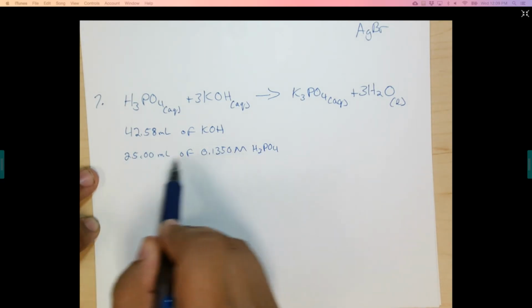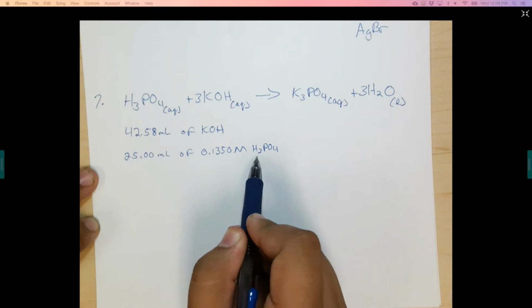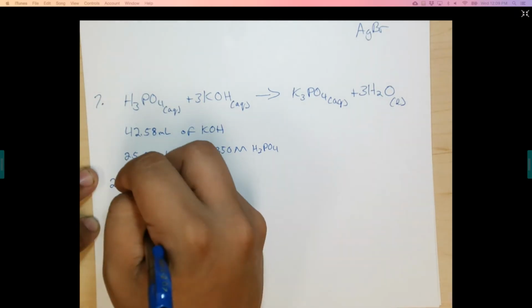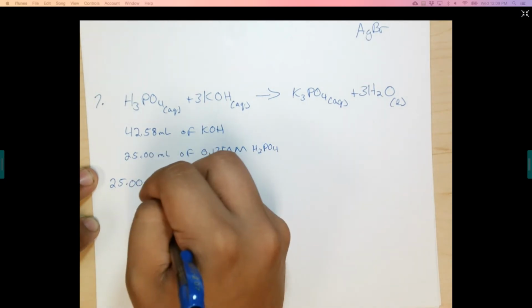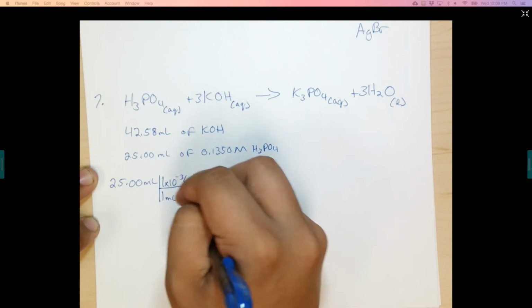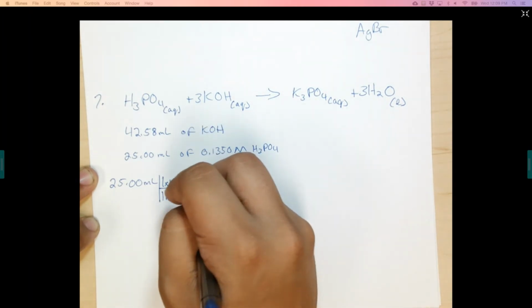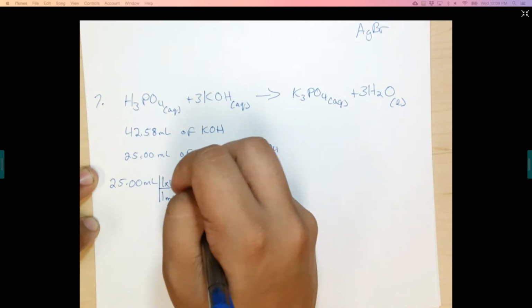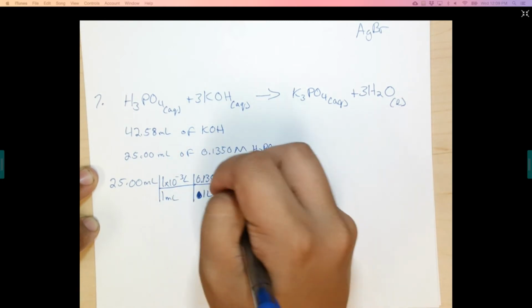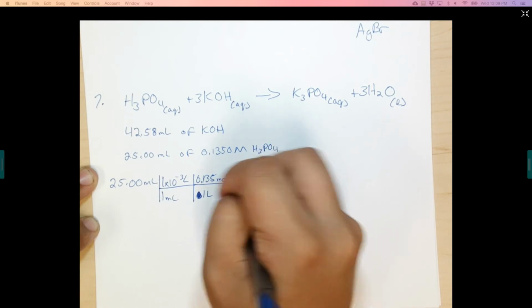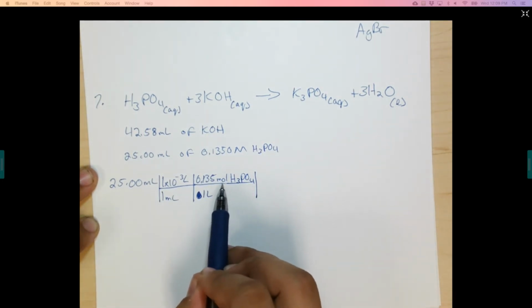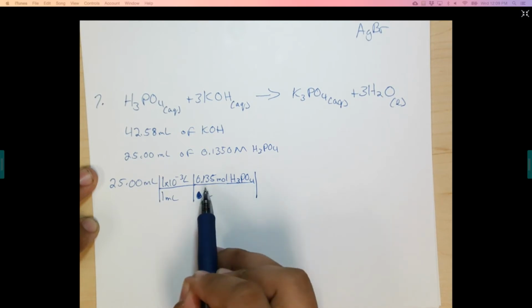They've given us enough information to know the number of moles of H3PO4. How do we do that? Dimensional analysis. 1 milliliter, 1 times 10 to the negative 3 liters. So for every 1 liter, we have 0.135 moles of H3PO4. So that is telling us exactly how many moles of acid we neutralized.